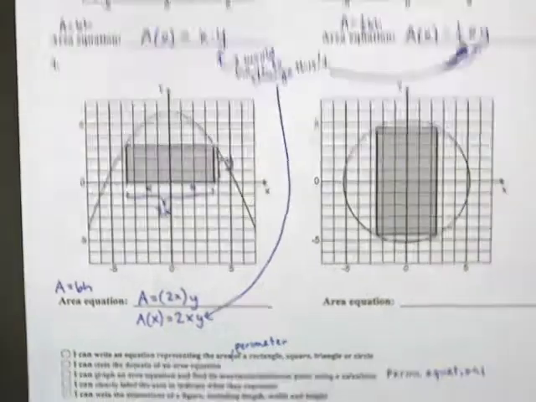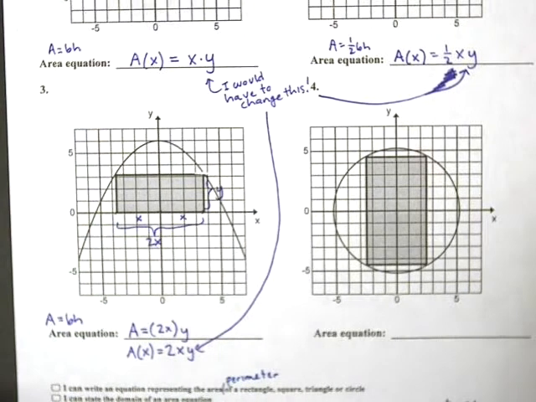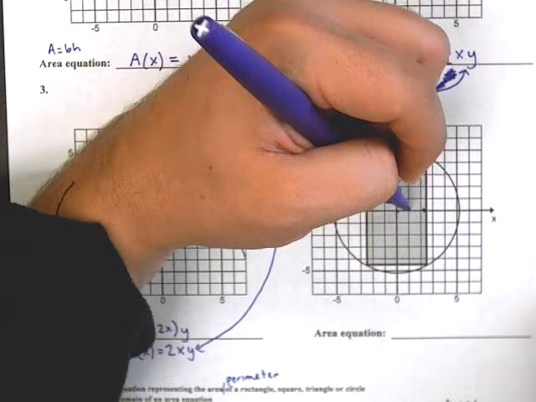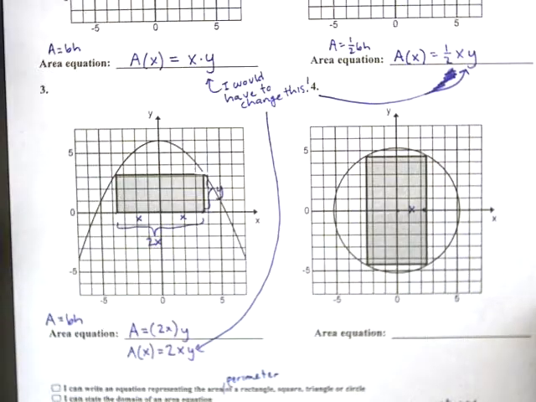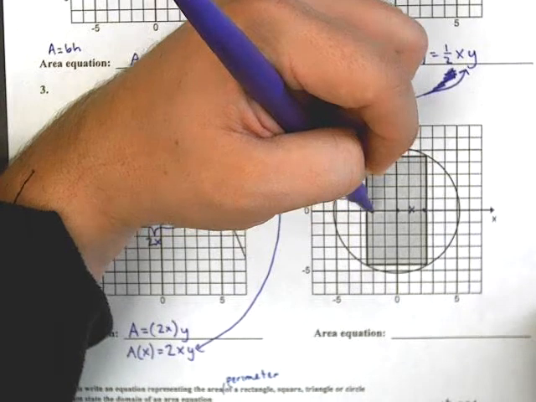This last one is probably the most confusing, but if you're understanding the concepts of moving around the coordinate plane, you should be able to understand it. From here to here is x, and from the origin back the other way in the negative x direction would be another x.